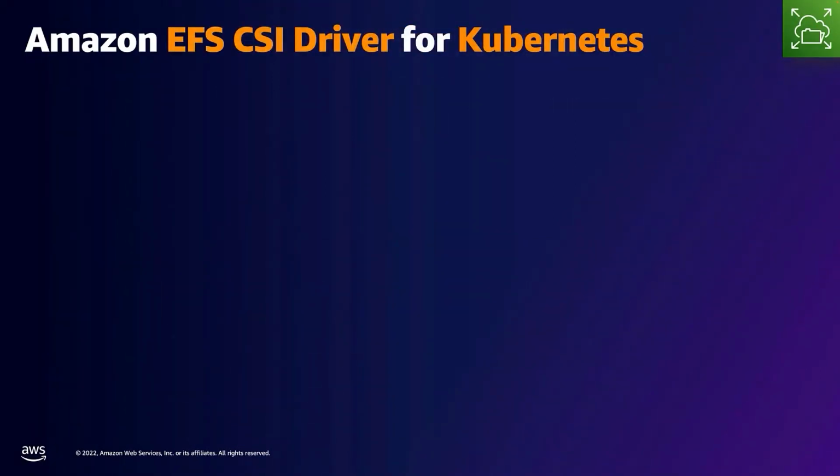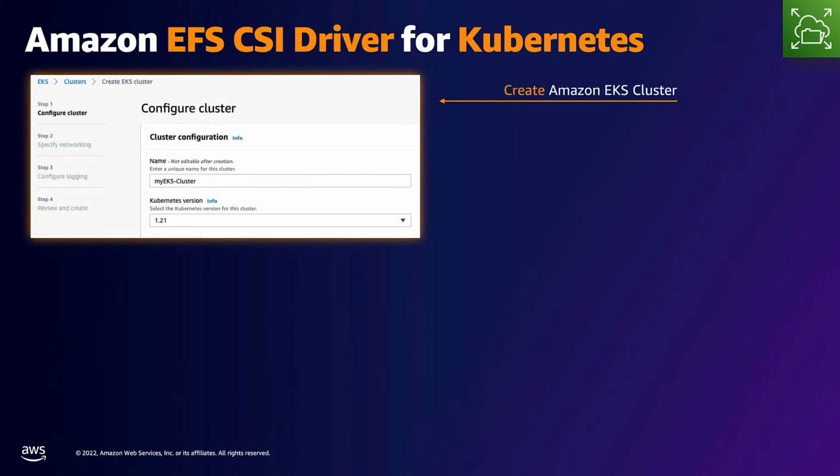So how do you get started with EFS with Kubernetes? We are not talking about Kubeflow in general here because we are going to do that in the demo, but I just want to give you an overview of how you can get started with EFS with Kubernetes. The first thing is you need a Kubernetes cluster. In this case, we are creating an Amazon EKS cluster, but this could very well be your own installation of Kubernetes on a bunch of EC2 instances where you are managing the cluster.